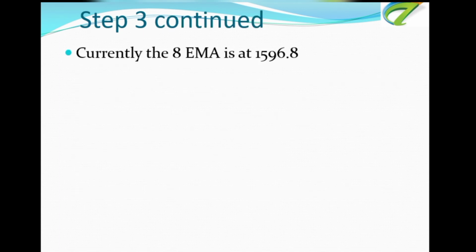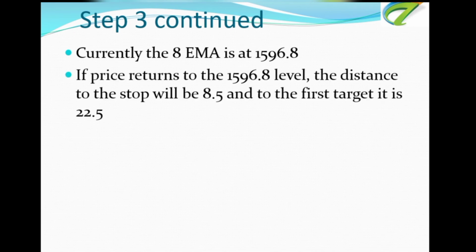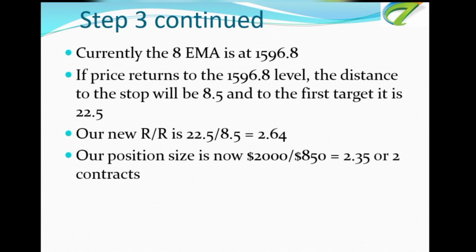If price returns to the 1596.8 level, the distance to the stop will be only 8.5, and to the first target it is 22.5. Our new reward to risk ratio would therefore be 22.5 divided by 8.5, which is 2.64, which is good to go.